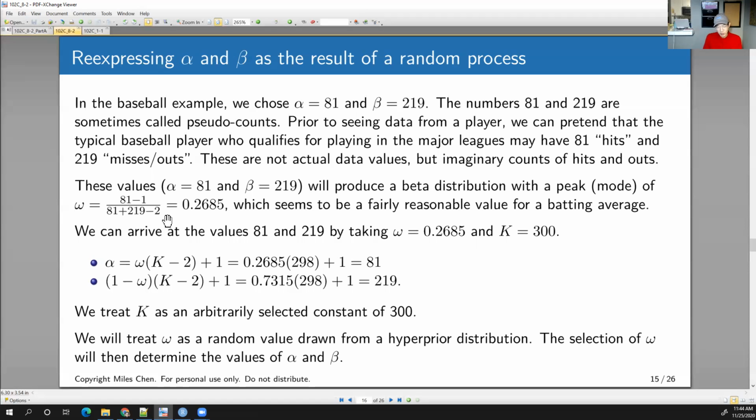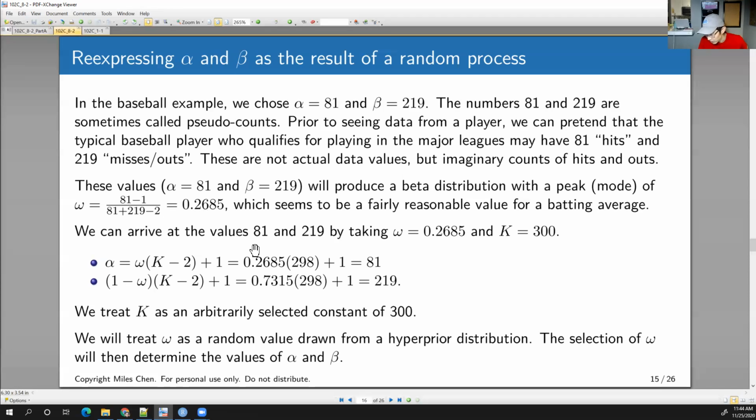And basically what we do is when you have these pseudo counts and you observe more data, you add the results of your observed data to your pseudo counts, right? So if we observed 10 at-bats where we had 5 hits and 5 outs, we just added 5 to 81 and 5 to 219, and our posterior was 86 and 224.